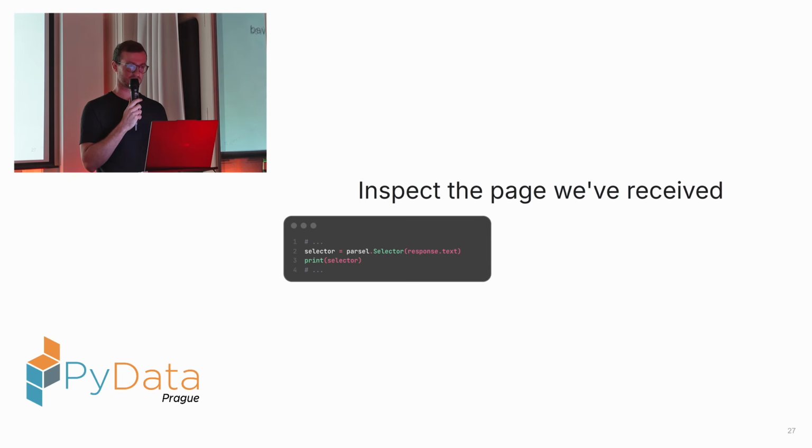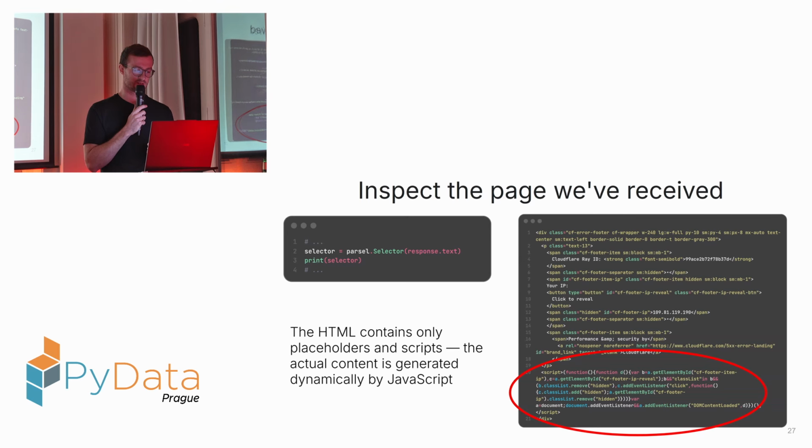And if we inspect the page, let's say we just print it, we will notice that the HTML doesn't look like the HTML when we inspect the website through browser developer tools. It doesn't contain the data we wanted. It contains just some placeholders and scripts that need to be executed so that we get the content we want.